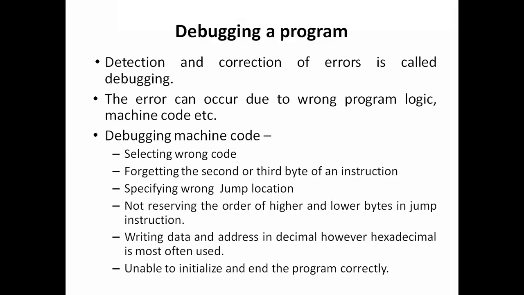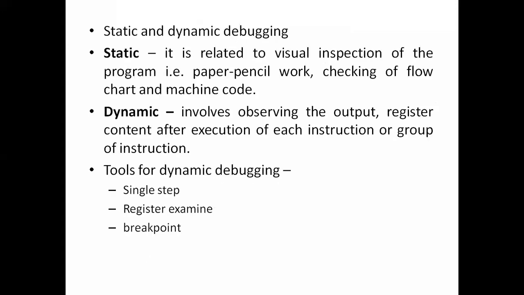Now, as far as the debugging of a program is concerned, normally this debugging consists of 2 parts. The first one is called static debugging, and the second one is called dynamic debugging. Static debugging is a kind of operation which we perform while writing the program; it is related to pen and pencil work.